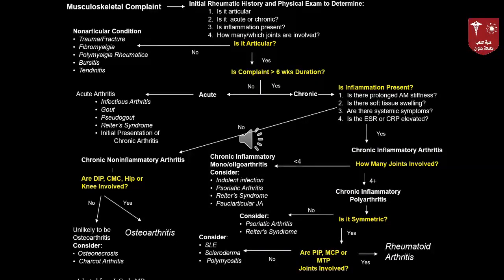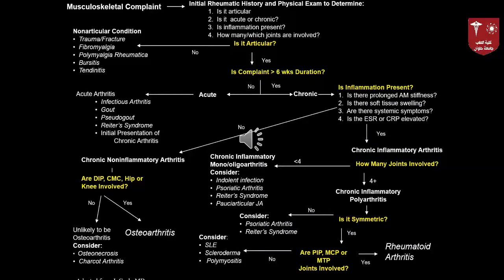Then you ask, is it articular or not? If it is articular, you have to check, is it chronic or acute? If it is acute, you have to put yourself on the differential diagnosis of acute arthritis. If it is not, you can go to the chronic. After 6 weeks of the disease, you can go to the chronic inflammatory condition.